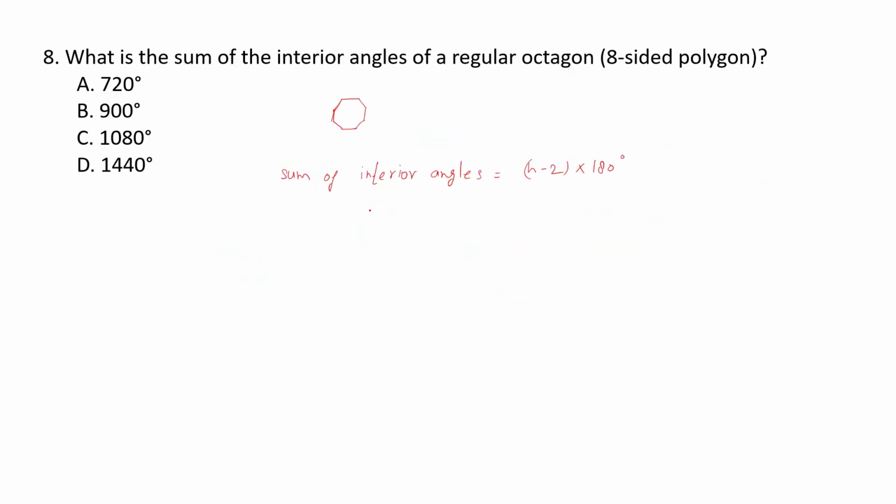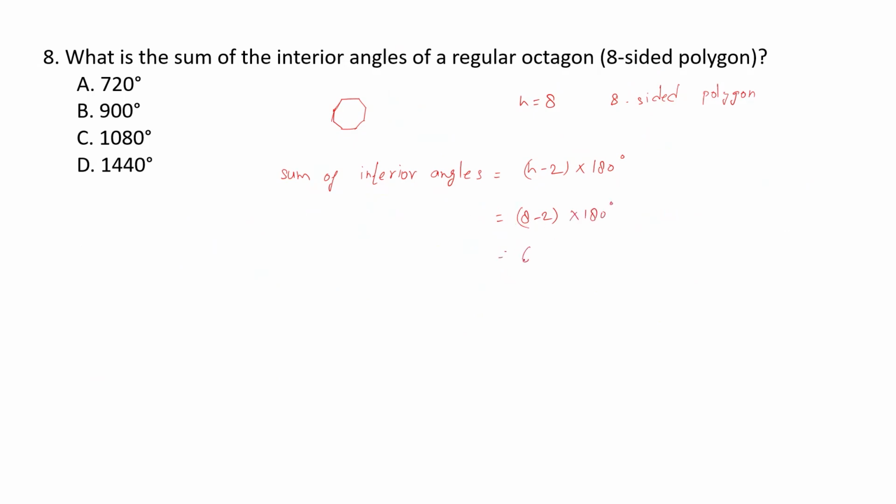Whatever I have written was right. So n is 8. N is 8. So it is 8-sided polygon. So 8 minus 2 into 180 degree.